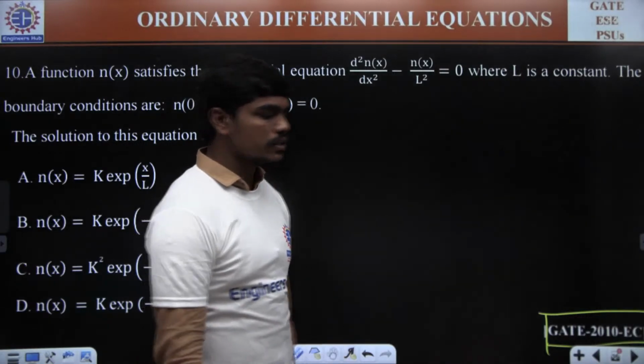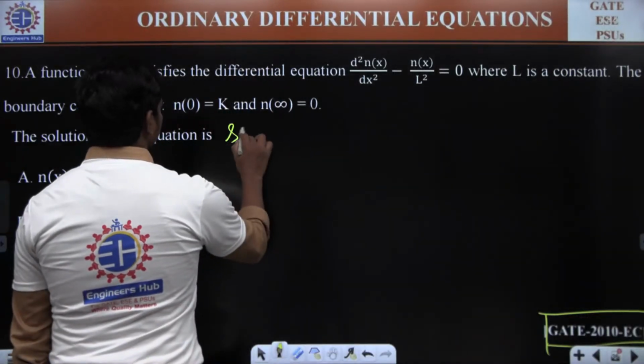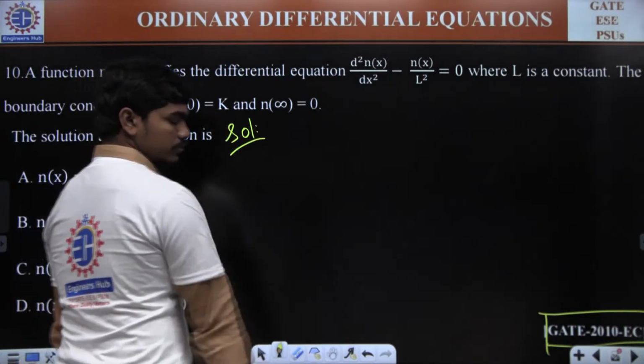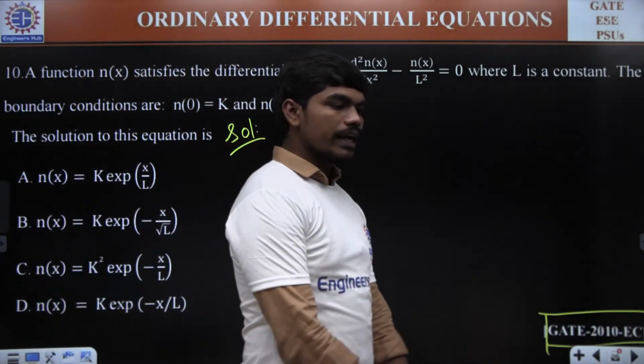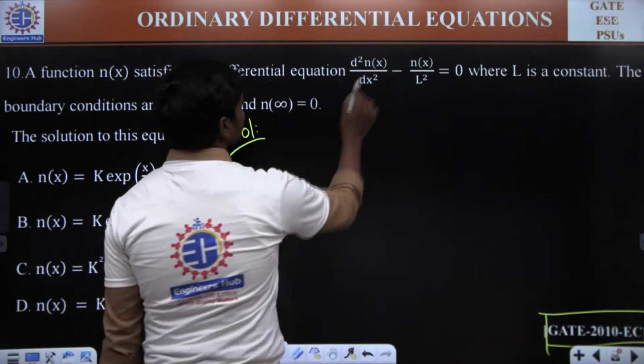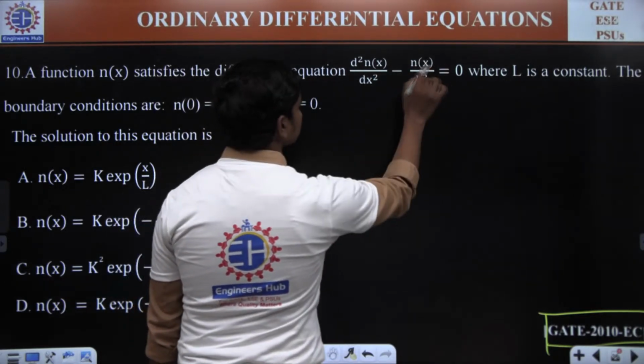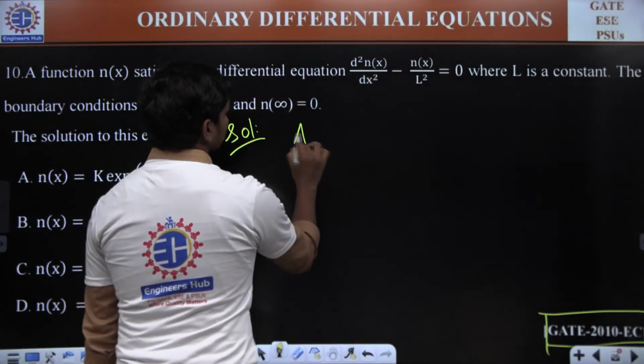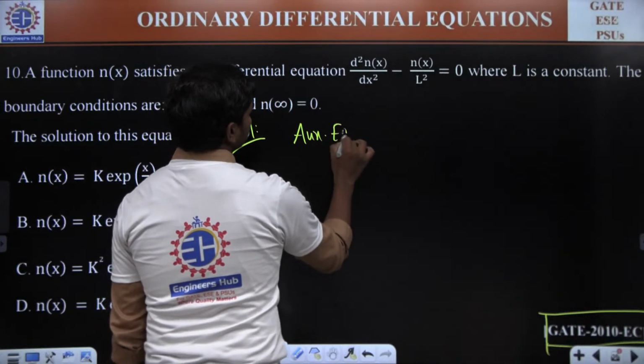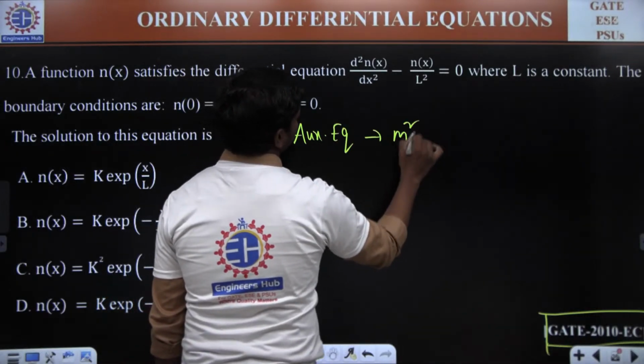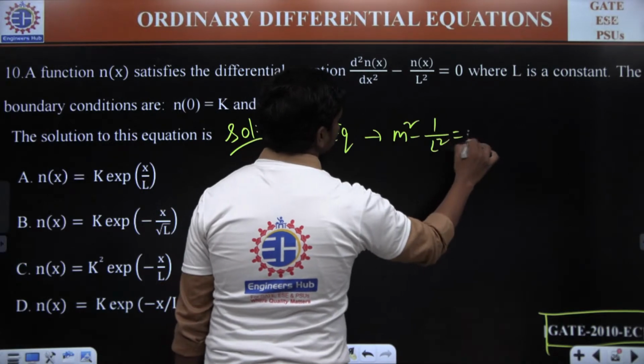What's the answer for this question? A function n of x satisfies the differential equation d squared n by dx squared minus n by L squared is equal to 0, which means the auxiliary equation is m squared minus 1 by L squared is equal to 0. Correct?